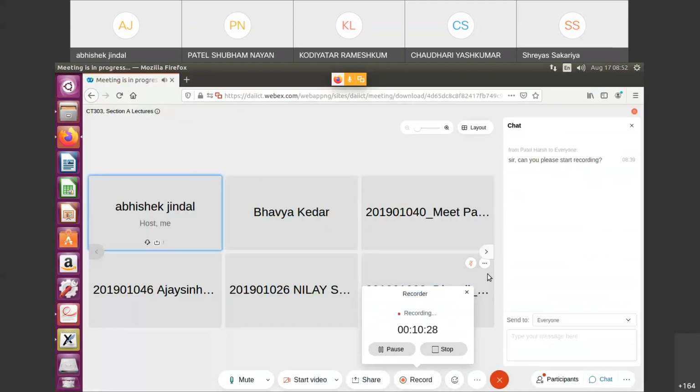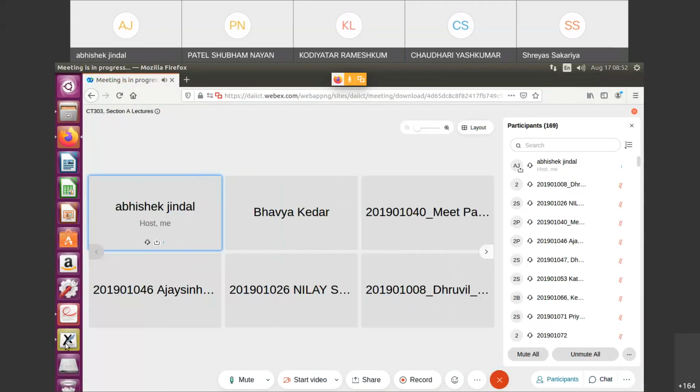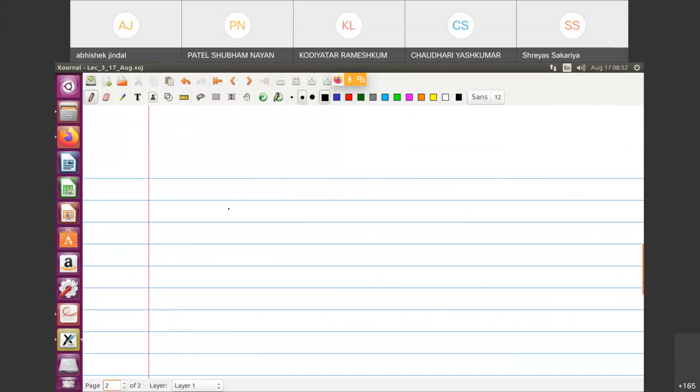Let me check if there is anything. So for this, we will do a small development. Let us take a new page for that. So we know that g(t) is nothing but the inverse Fourier transform of G(f).